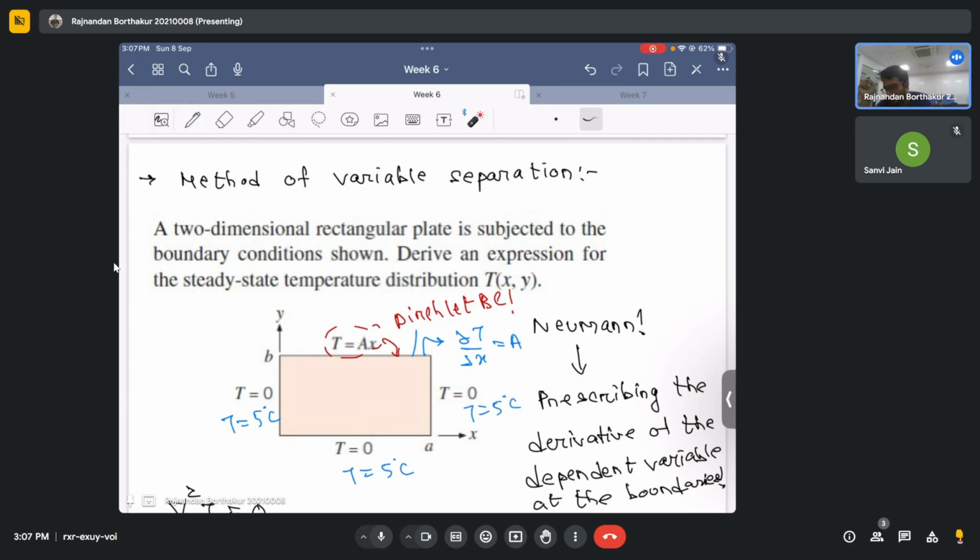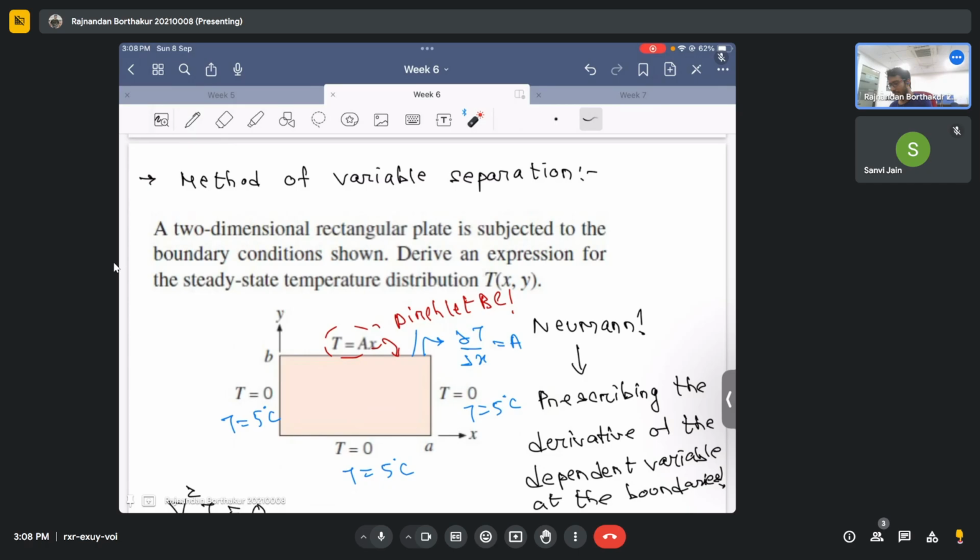My question is, if this is the scenario, and the upper surface is still a variable temperature, T equal to some A times x, can I still apply the method of variable separation? And if yes, what do we need to do in order to apply it?